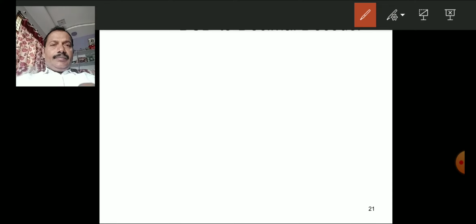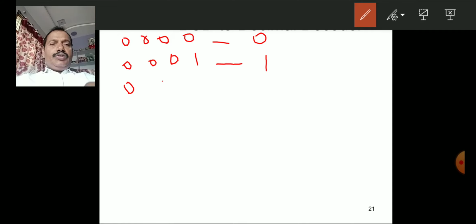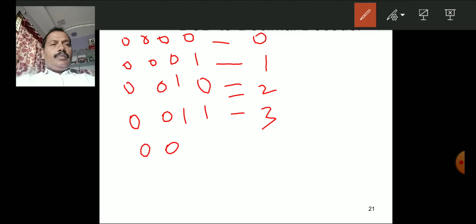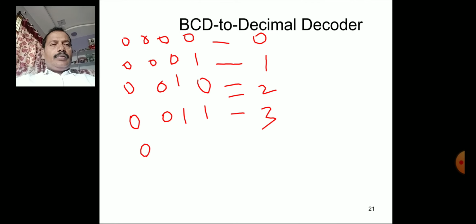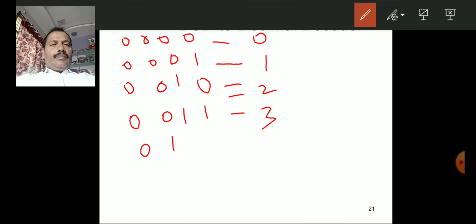So the BCD codes are 0000, this is in decimal 0, or 0001, the decimal is 1. 0010, it is 2. 0011, it is 3. 0100 is 4, like that up to, and so on.